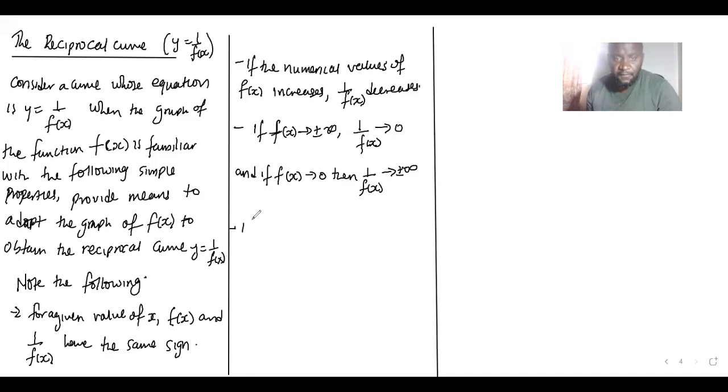Then also, if f of x has a minimum point, 1 over f of x will have a maximum point.